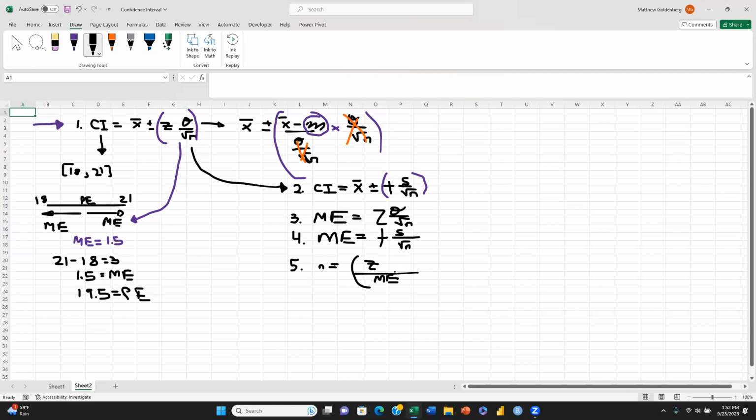There's no square root of n on the bottom there. It's just on one side. And then squared. Where does this come from?